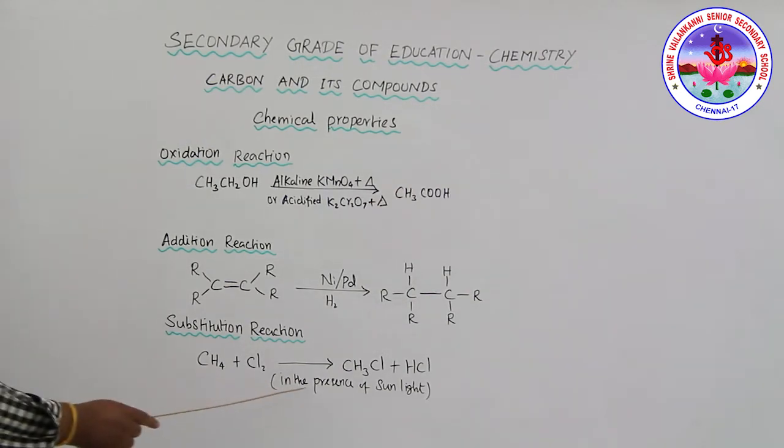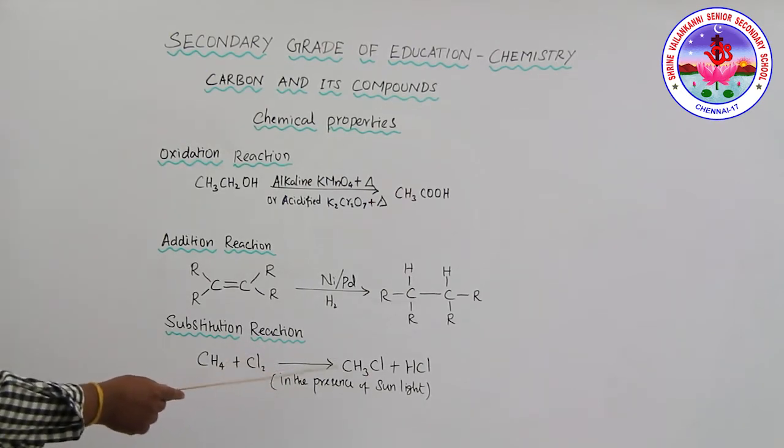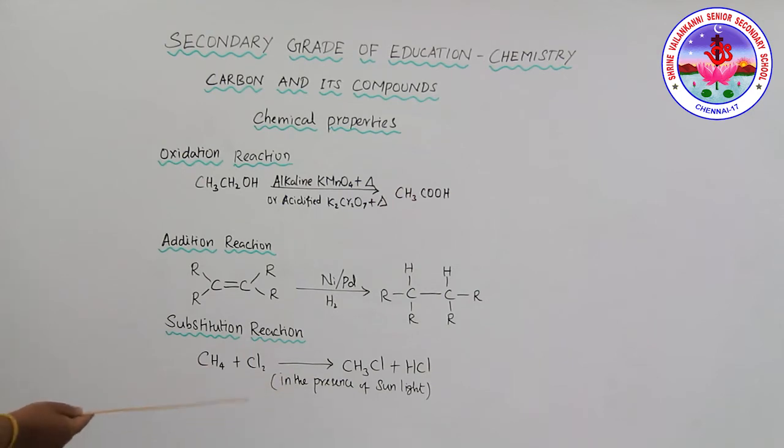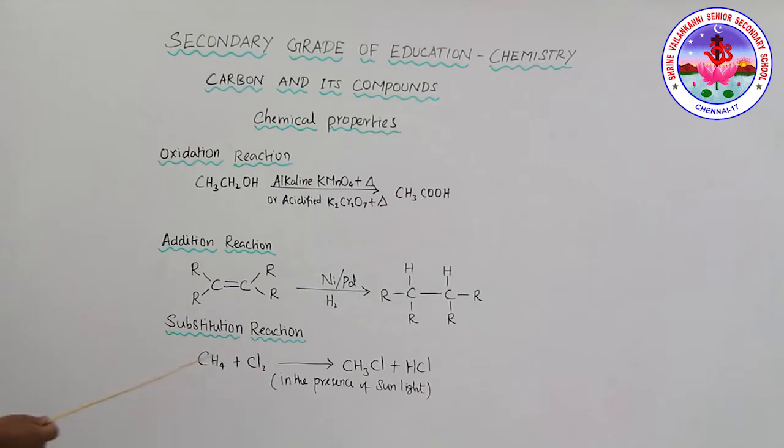However, in the presence of sunlight, when chlorine is added, the hydrocarbon reacts very fast. The hydrogen atoms can be replaced by chlorine one by one. So it is called a substitution reaction, because one type of atom or group of atoms takes the place of another. A number of products are usually formed with the higher homologous series of alkanes.